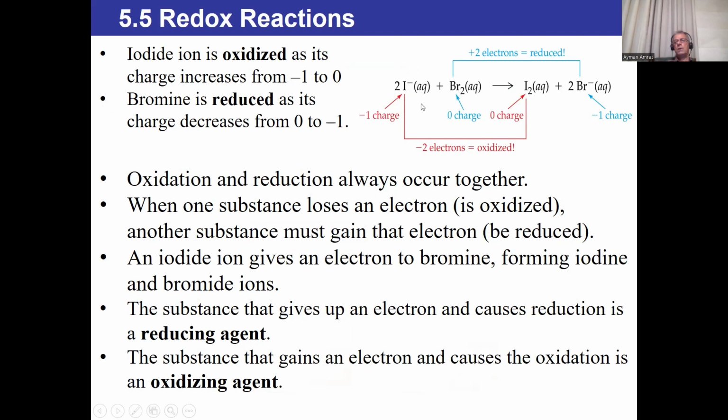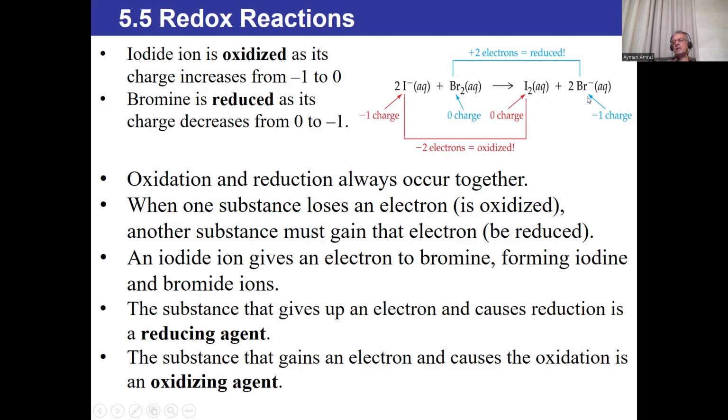To know whether it is oxidation or reduction, we will follow the charges. 2I minus becomes 0 in I2, so it loses 2 electrons to convert from minus to 0, while Br2 has 0 charge because it is in the elemental state of a diatomic molecule, always 0 charge.